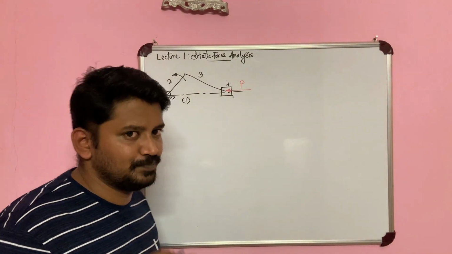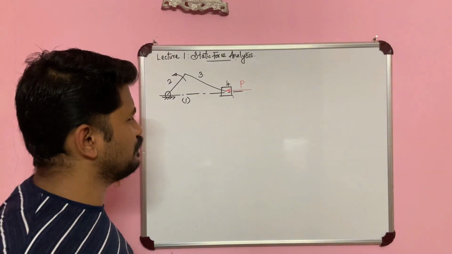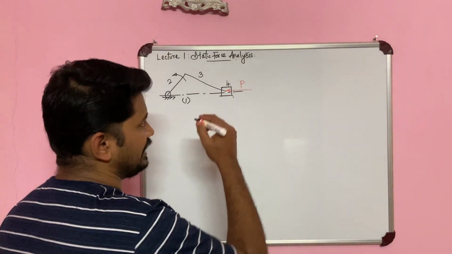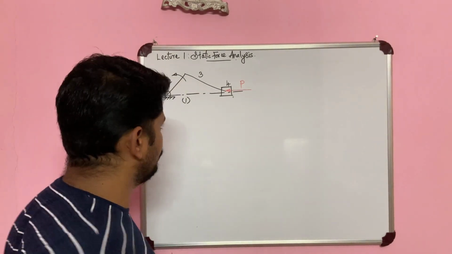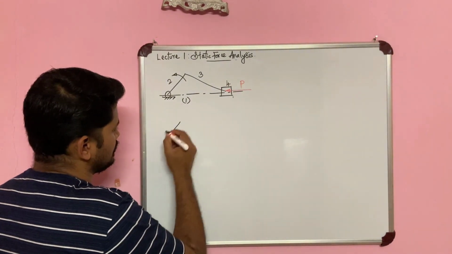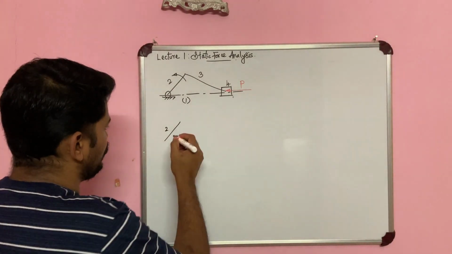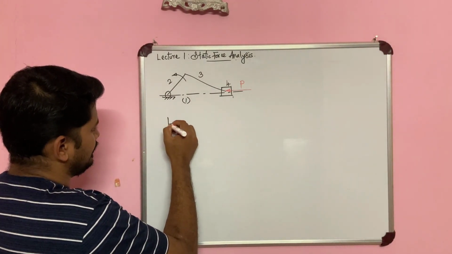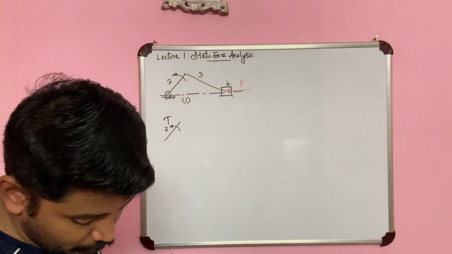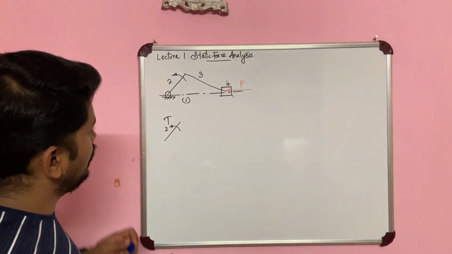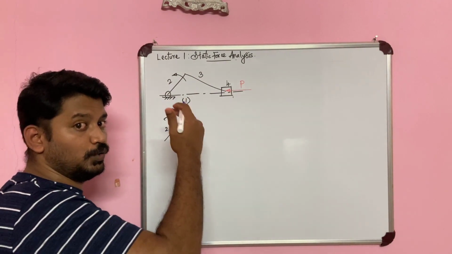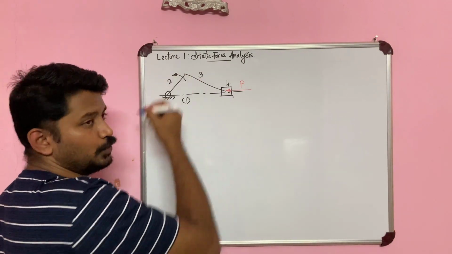So let us first see how to name the forces. If I take my second link, which is my crank over here, on this second link I have a torque T as well as forces being acted upon. The force is acted upon from 3 onto 2 as well as from 1 onto 2.